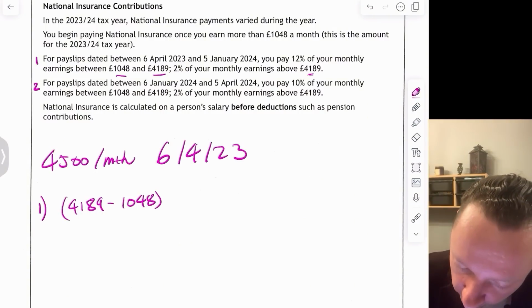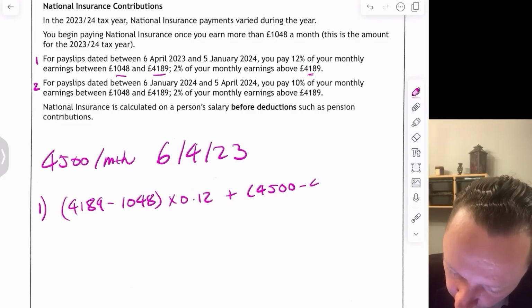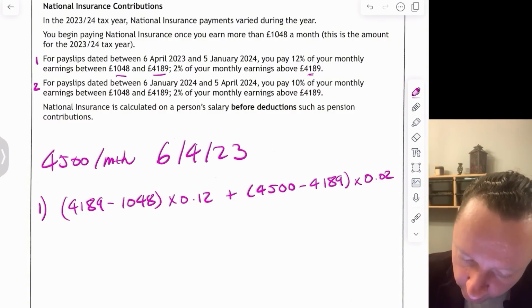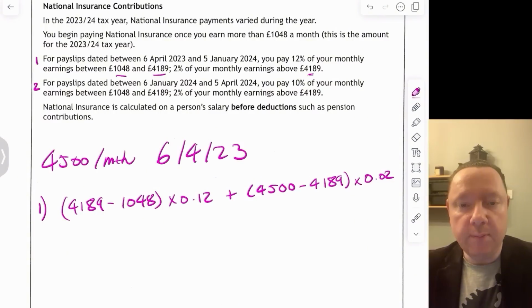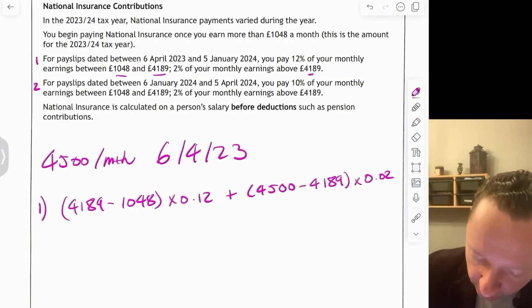I need to do 12%, times 0.12, plus, and then he's got 4,500, and we need to take away the top bit of 4,189, and that's times 2%, 0.02. And that's going to be for how many months? Well, we've got April, May, June, July, August, September, October, November, December, and then January will be new, so that's 9 months.